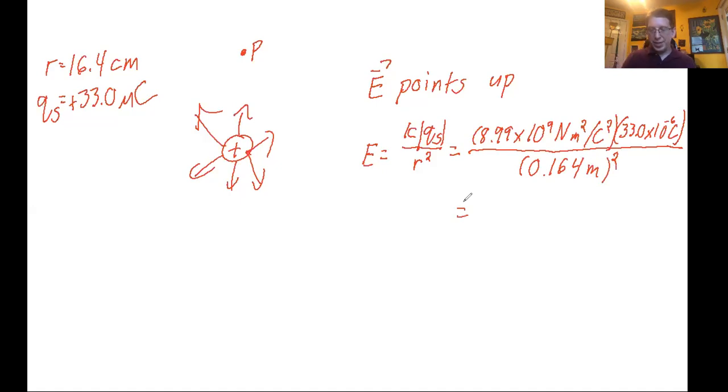And so that gives you 1.10 times 10 to the 7 newtons per coulomb.